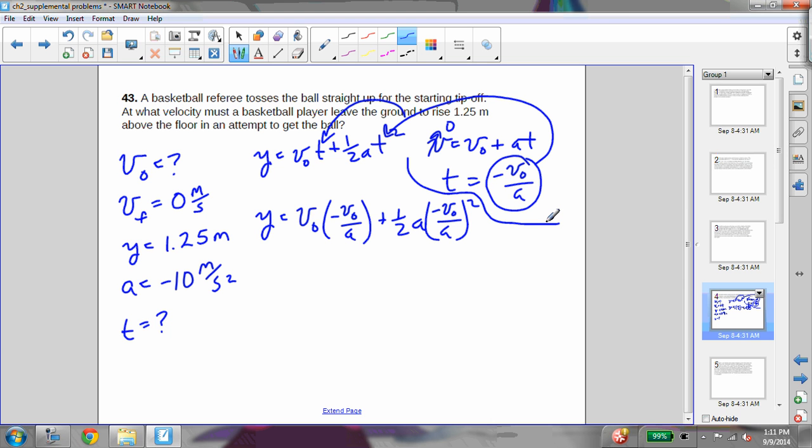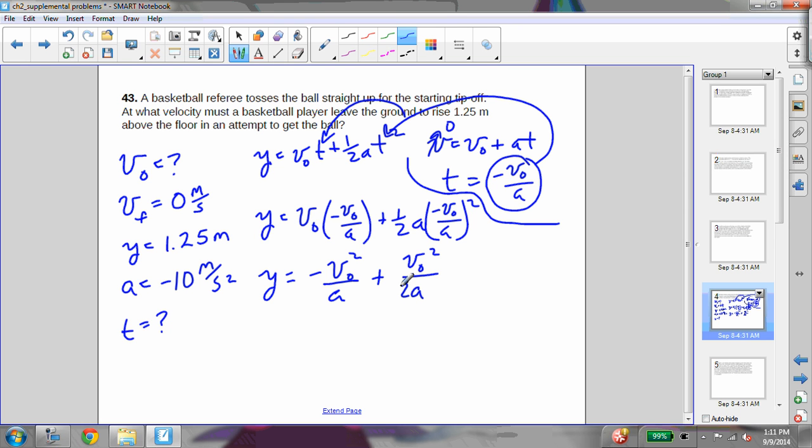All right. Now, I can simplify this a little bit. I get negative V naught squared over a plus V naught squared. See, I have an a here and an a squared in the denominator, so that goes to a. The negative goes away because it's squared.